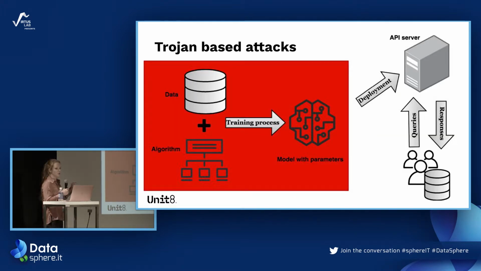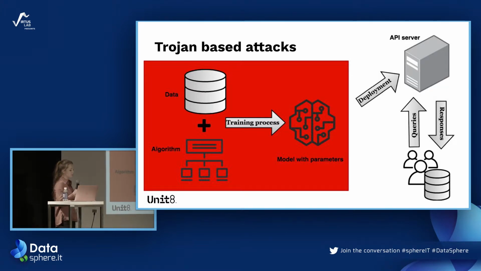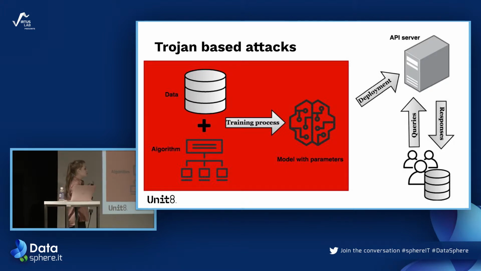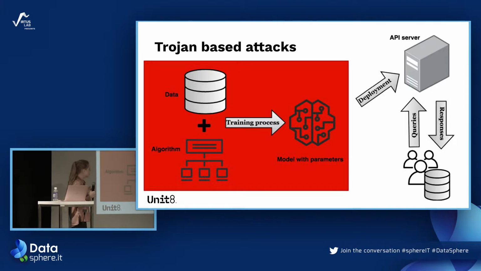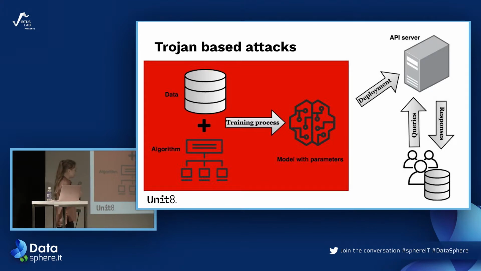Having access to some parts of this stage, the attacker might craft a couple of Trojan-based attack types. And this might require various extents of knowledge about what is happening here. The attack might be done with a white box approach, when the attacker knows everything about our training set, about our algorithm, and about the model with trained parameters.